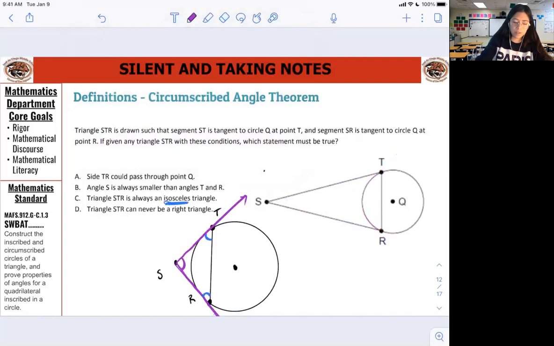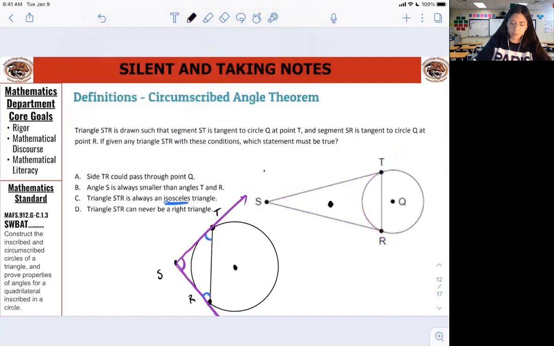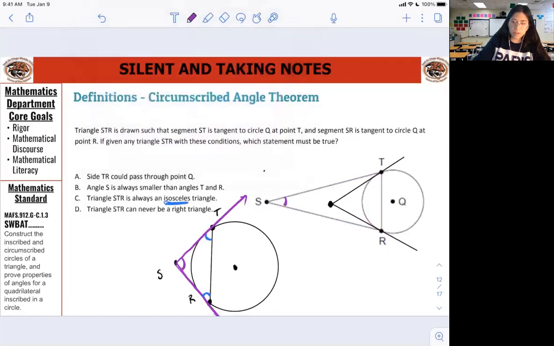As I get closer and closer, it gets bigger and bigger. Exactly. If I bring it really close, it's not going to work out. There's a certain point where you can't make it work anymore. But that's true: they get bigger and bigger. So B is not always true.